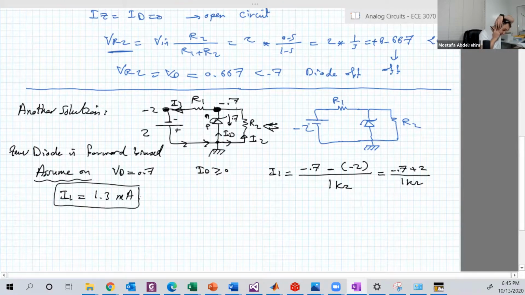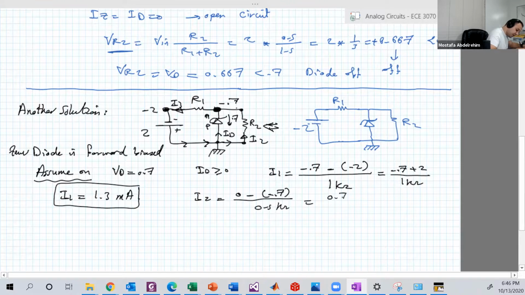Good. Now let's calculate I2. So I2 is equal to this one, which is 0, minus this one, which is minus 0.7, over half kilo ohms. So plus 0.7 over half kilo ohm. Half will be 2, so 1.4 milliamps.